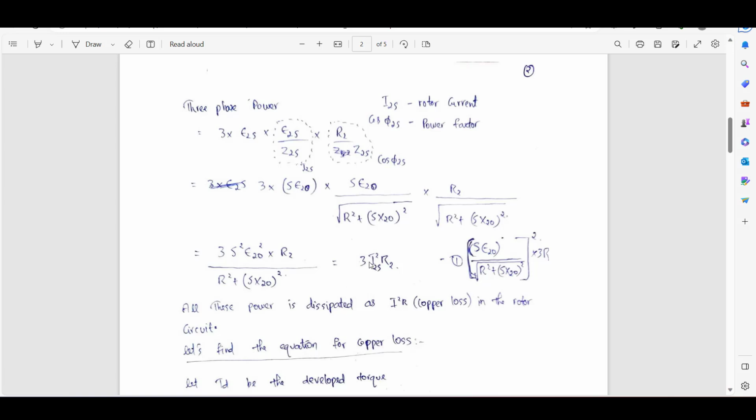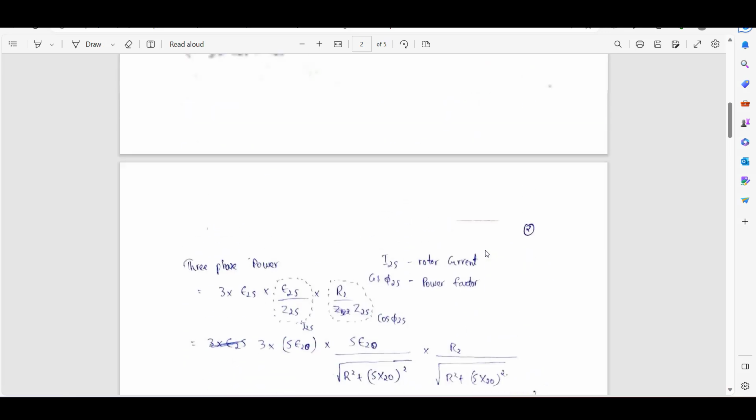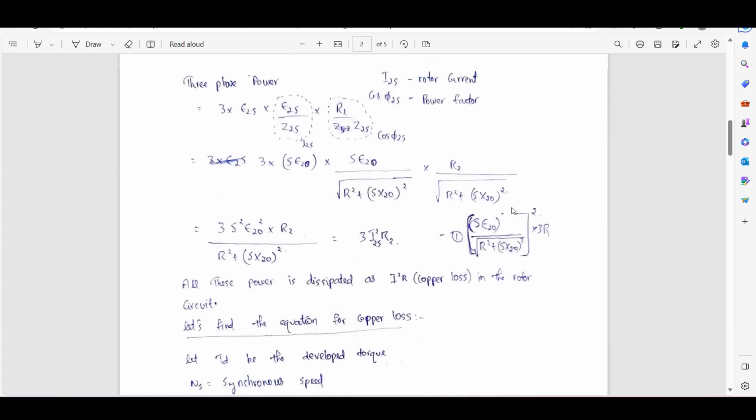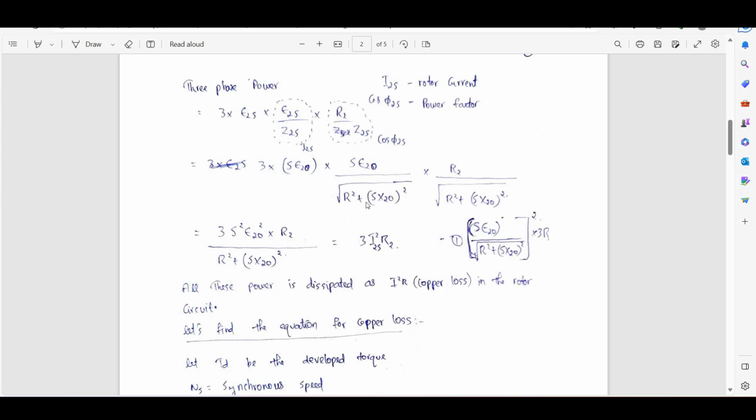This is similar to 3 × I² × R2, because if we take 3 R2 outside, the remaining term is s² E2(0)² divided by R2² plus (s X2(0))². Taking the square term outside, we can write this equation in this form. We know s E2(0) is the EMF induced, and the square root of R2² plus (s X2(0))² is the total impedance of the circuit.